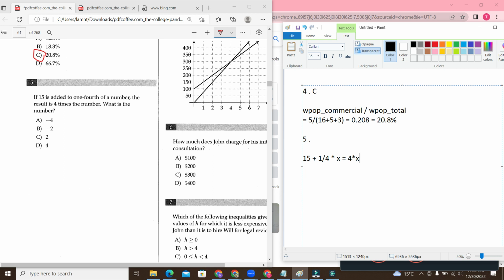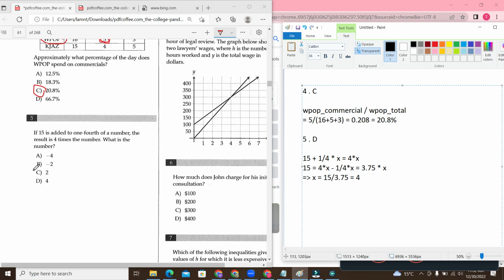This means that 15 is equal to 4x minus 1/4 of x, that is 3.75x. So x is 15 divided by 3.75, which is equal to 4. So the answer for 5 is D.